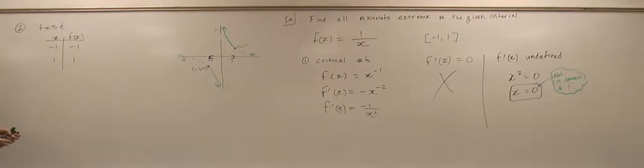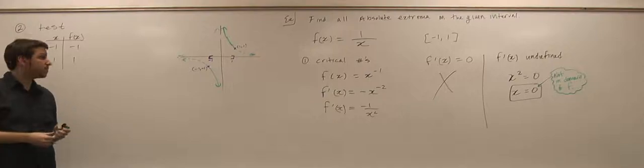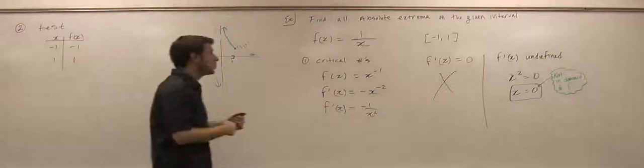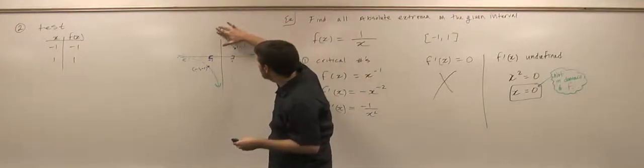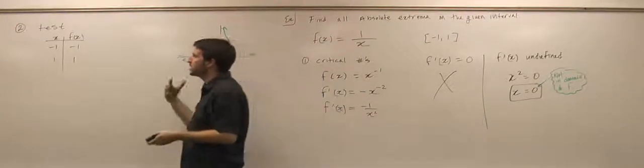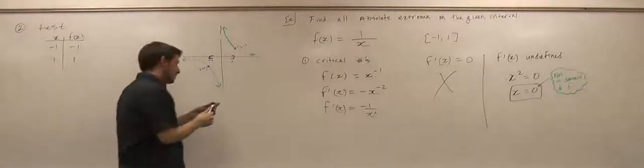So what's the problem? It's discontinuous. The reason our calculus isn't working is because this function is discontinuous. Everything we've been doing for absolute extrema depends on a continuous function. Otherwise the logic doesn't make sense.